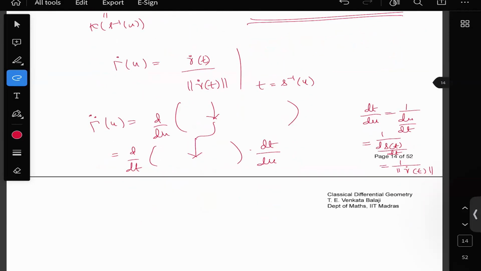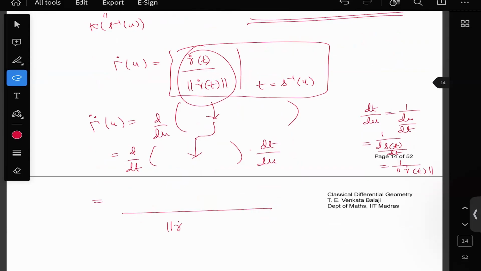So the moral of the story is that I have to apply d by dt to this expression here. I have to use the quotient rule. So the denominator is norm gamma dot of t squared, and then I have to differentiate gamma dot t. Mind you, when you are differentiating this quantity, the numerator is a vector and the denominator is a scalar.